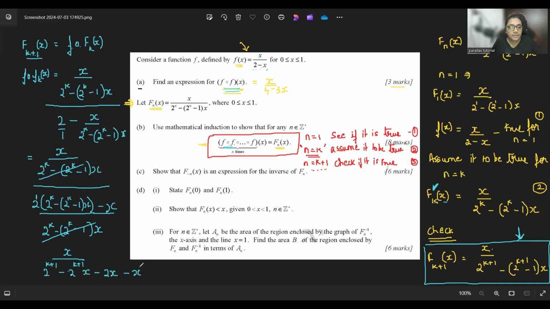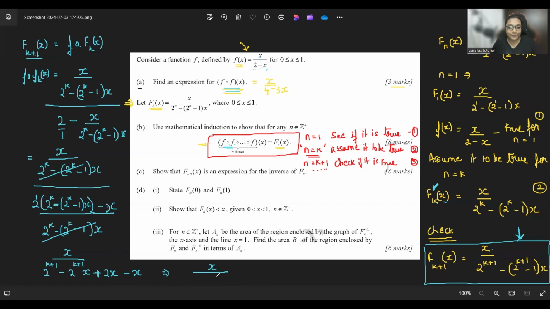And then there is a minus x outside. Correct? Minus and minus will be plus, so this will be plus. My bad. There is a minus and there is a minus, so these two minuses will get cancelled out, we'll get a plus over here. So it will be plus 2x minus x. That's why I said you have to be extra careful, because you're not allowed a calculator.